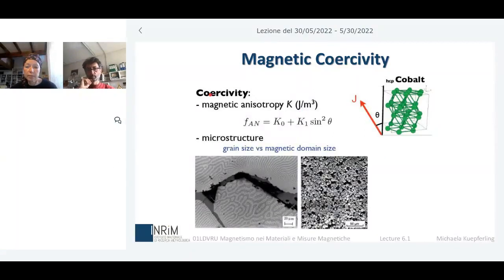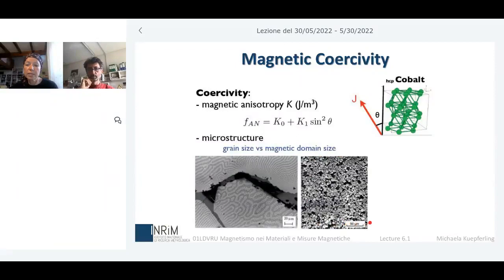If you have magnetocrystalline anisotropy, for example, I showed you this example of cobalt once, that if you have a uniaxial anisotropy, then already you have quite a good magnetocrystalline anisotropy, as it happens in cobalt. But this gives you only an upper limit of your coercivity. We saw this in the Stoner-Wohlfarth model. So the best thing, according to the Stoner-Wohlfarth model, would be to have a material, as is shown here, for example, that is composed only of single domain particles.